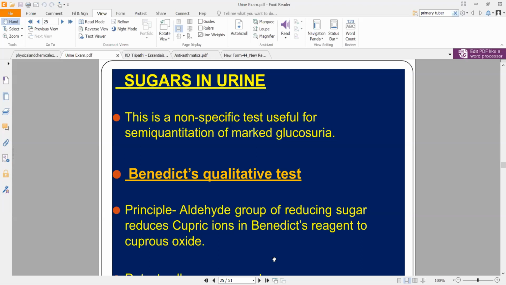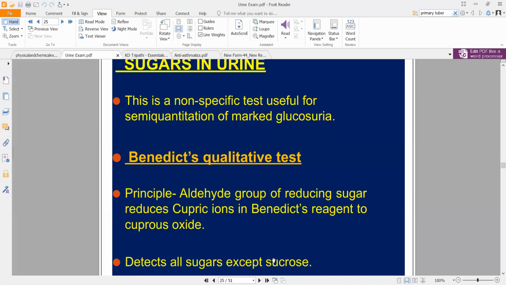This test can detect several types of sugar, but not sucrose specifically. It tests only reducing sugars. A sugar that donates OH, or accepts hydrogen, is a reducing sugar. You can also put that as donating electrons, if you want to put it that way.